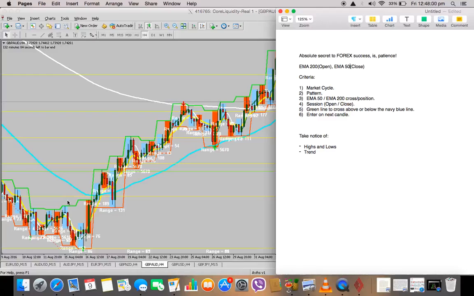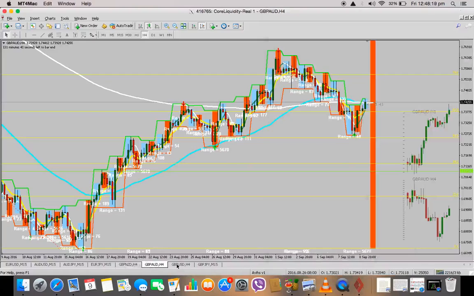Once you get a hang of this, you would eventually be trading them at higher lot. So you will have the ability to wait for those setups to happen, right? Okay, you enter on the next candle.